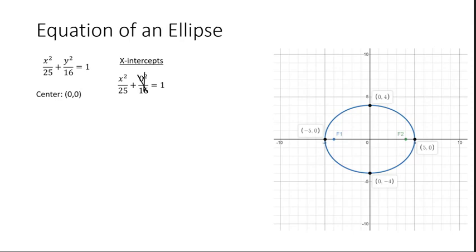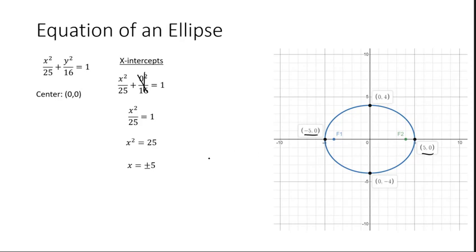You're left with x squared over 25 equals 1. Then multiply both sides by 25 to get x squared equals 25. And then you take the square root of both sides of that equation to get x equals plus or minus 5. So with that being said, we have our x-intercepts, and we see that here at negative 5, 0, and 5, 0 here and there.